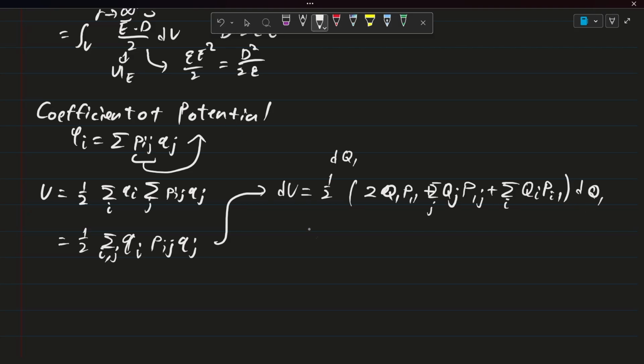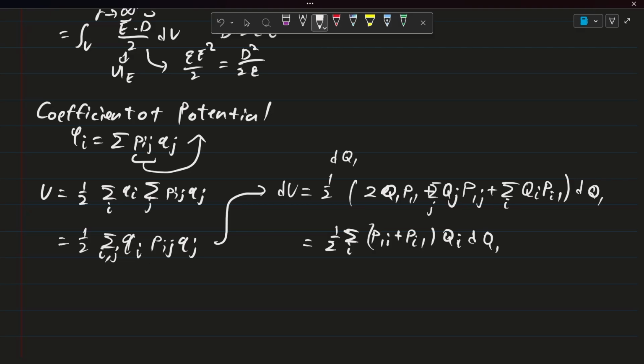So therefore, we could simplify this further into half times the sum over i of p1i plus pi1 times qi dq1.